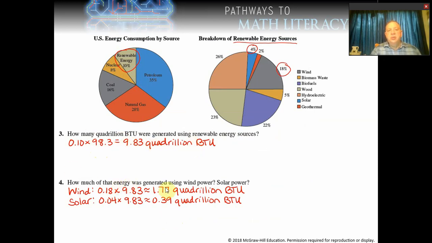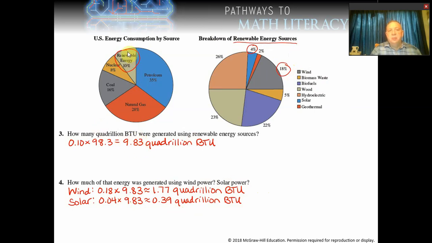How much of that energy was generated using wind power and then solar power? Well, here was our breakdown of renewable energy sources. Our wind was 18%. 18% times the 9.83, the 1.77. So we're using the 9.83.